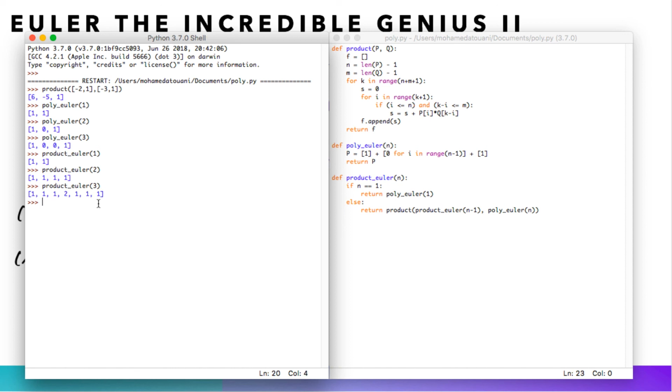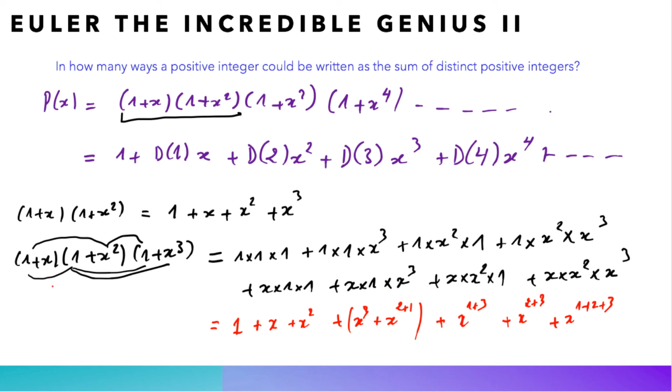So what we get here is x to the 6 plus x to the 5 plus x to the 4 plus 2x cubed plus x squared plus x plus 1. Is this true? Actually, it is, because our previous computations showed that 1 plus x times 1 plus x squared times 1 plus x cubed is equal to 1 plus x plus x squared plus 2 times x cubed plus x to the 4th plus x to the 5th plus x to the 6th.